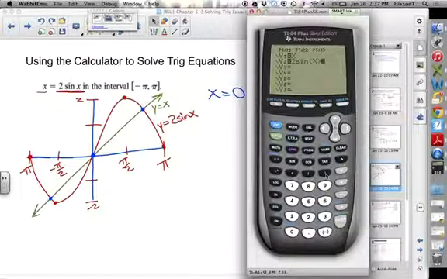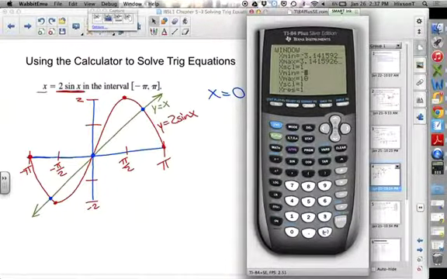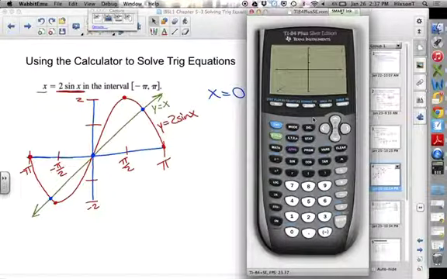We are in radians by default here. I'm going to set my window for the x range to go from negative pi to positive pi, and notice it converts it there for me. Since I'm dealing with 2 sine, I know I'm not going to go below negative 2, so I'll set my window at negative 3 for some extra space, and I'll have it go up to positive 3.